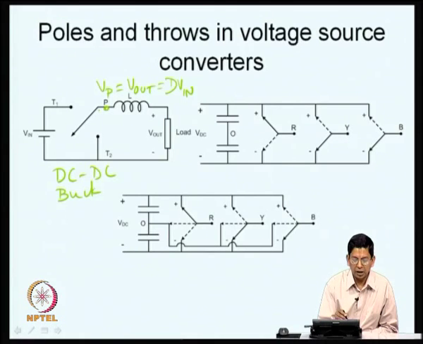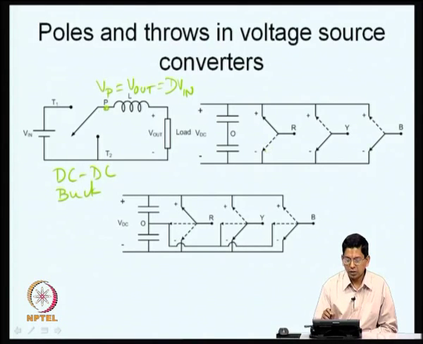The duty ratio means you connect P to T1 for some time and P to T2 for some other time, and you keep doing it in a cyclic, periodic fashion. So, the time for which you connected to T1 divided by the total switching time is the duty ratio, as we defined. So, you get a duty ratio times V in. You get some potential at the pole which is lower than V in. So, what you are doing is, this is the pole and there are two throws, and you are controlling the potential at this pole.